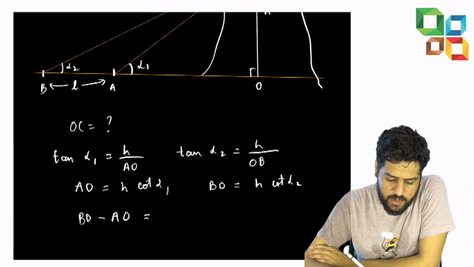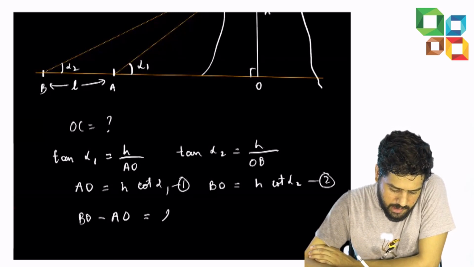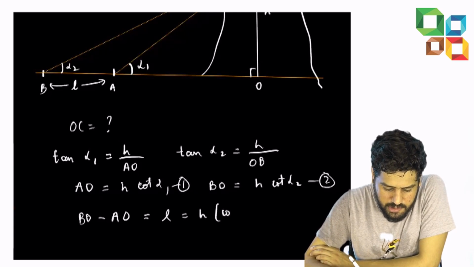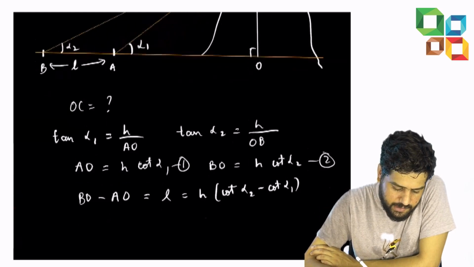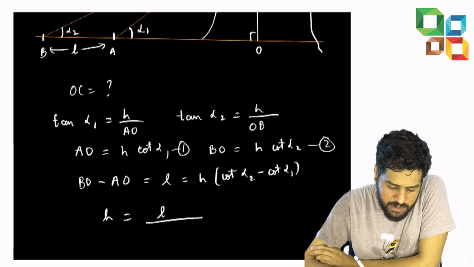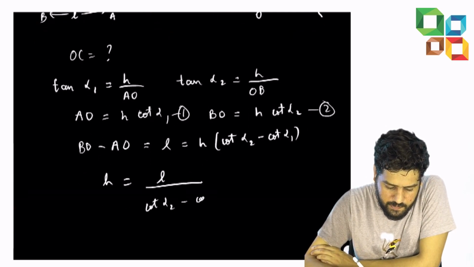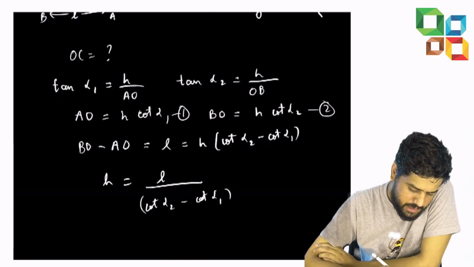If we subtract the two equations, the left hand side is L, which is equal to H times cot of alpha 2 minus cot of alpha 1. So we find H to be L divided by cot of alpha 2 minus cot of alpha 1. Right?